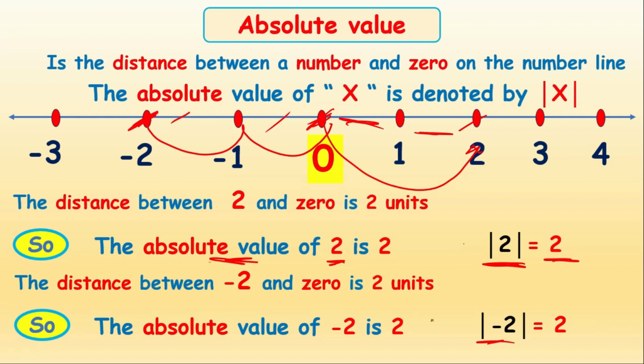What does this mean? It means the absolute value of any negative number is positive, the same number but in positive. So the absolute cancels the negative. Absolute 2 is 2 and also absolute negative 2 is 2.